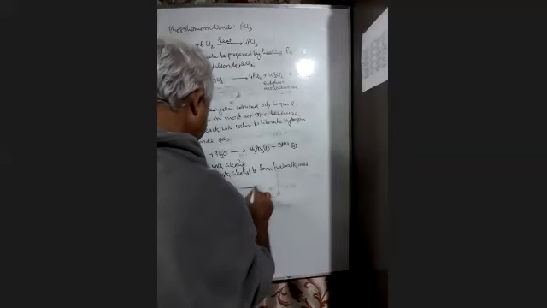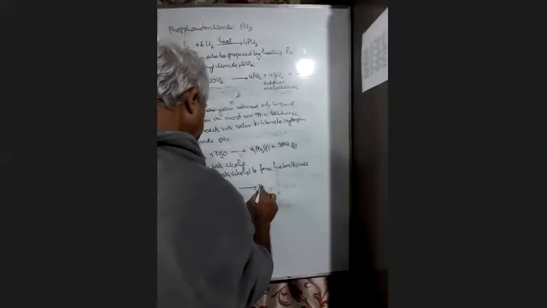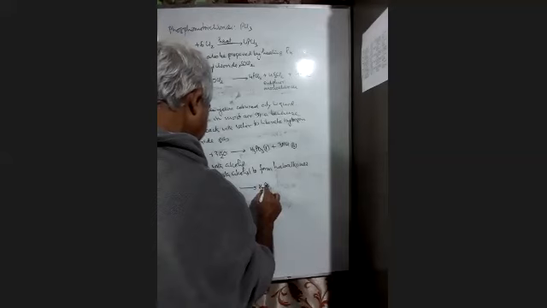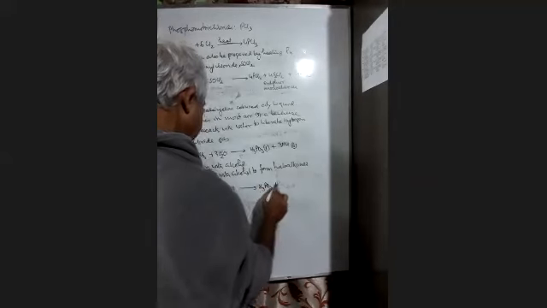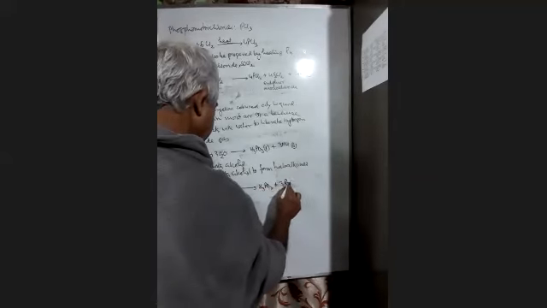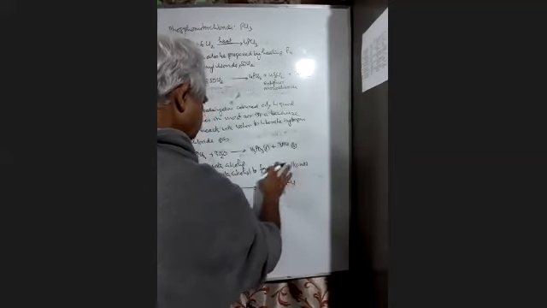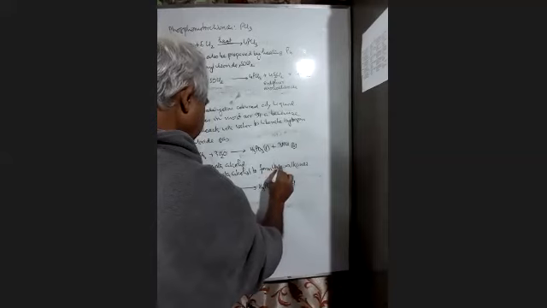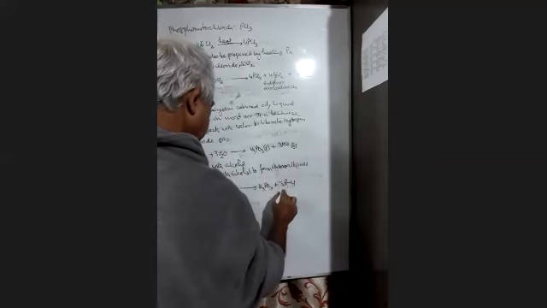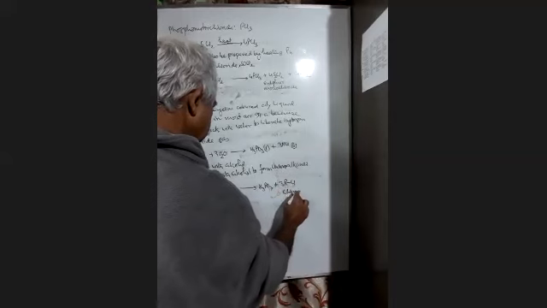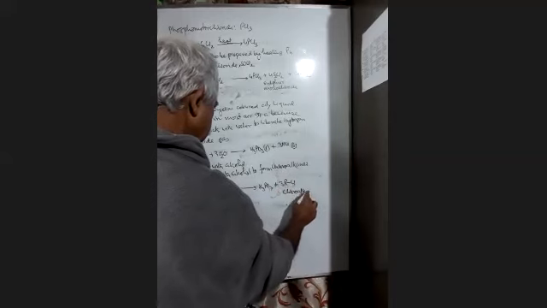So you'll get now here 3R-Cl plus H3PO3. So here we get chloroalkane.